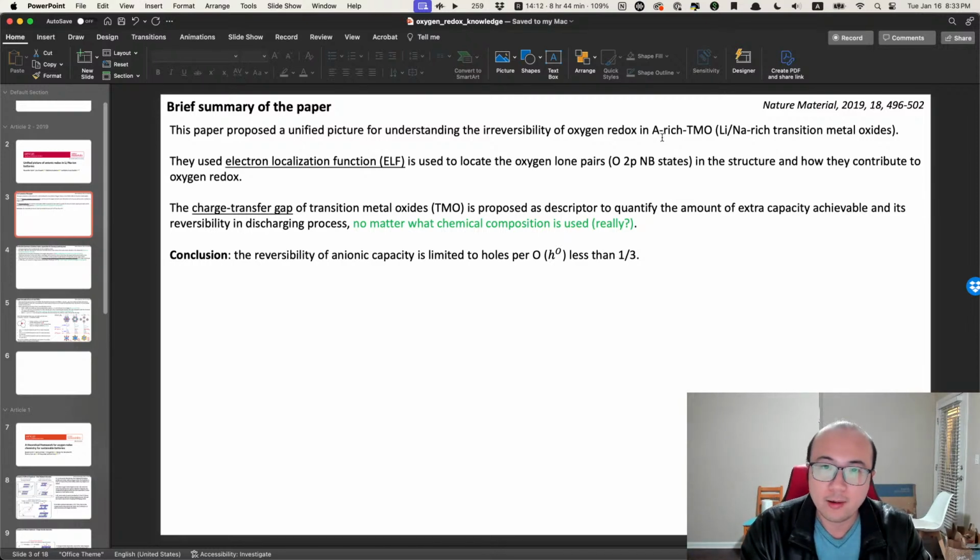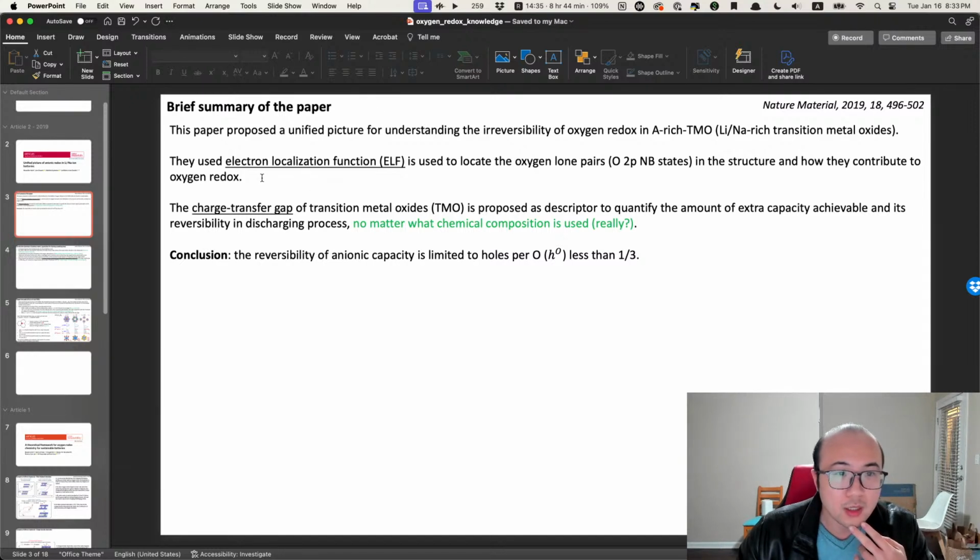And in each layer, we have the lithium layer, we also have the transition metal layer. And for the lithium rich, basically means that in the transition metal layer, we replace the transition metal with lithium. And that is called the lithium rich transition metal oxides.